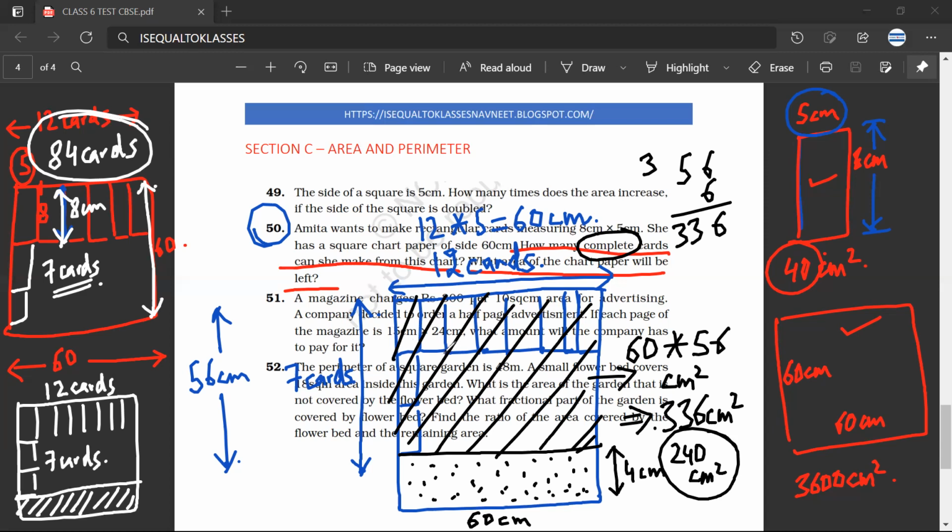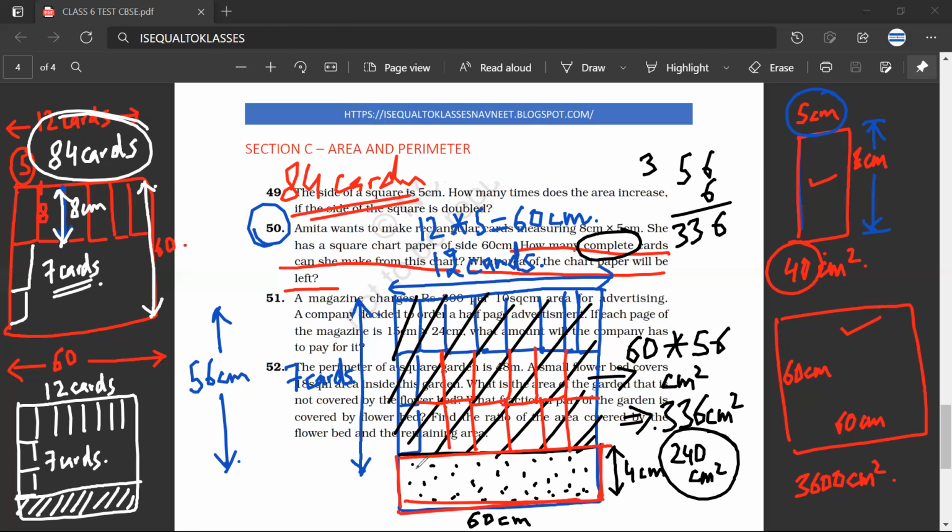No, sir. See, Sarthak, I understand your confusion. The confusion is that I can only use full cards. I can't use half a card. So when I use full cards, because I can't tear the cards, this much area will be left. I can't do anything unless I tear the card. So for example, I am using 84 cards.